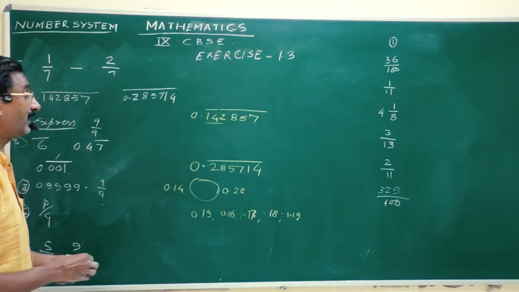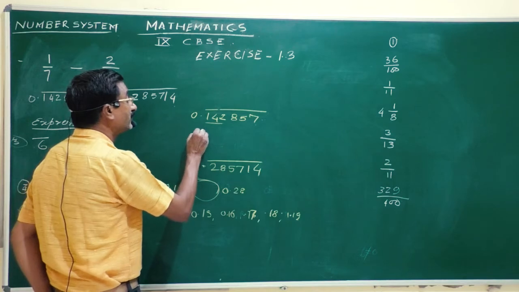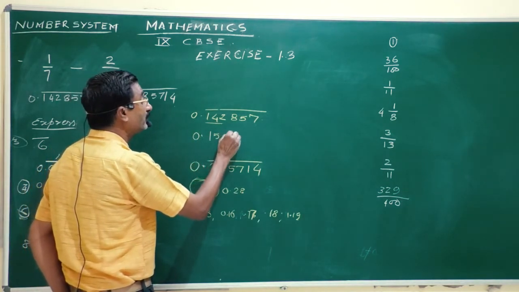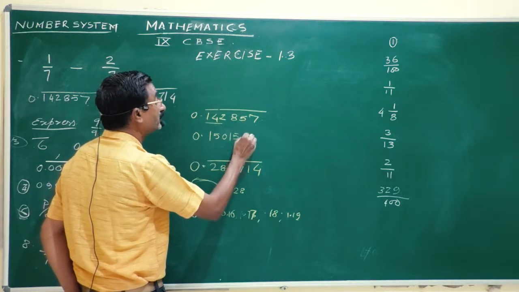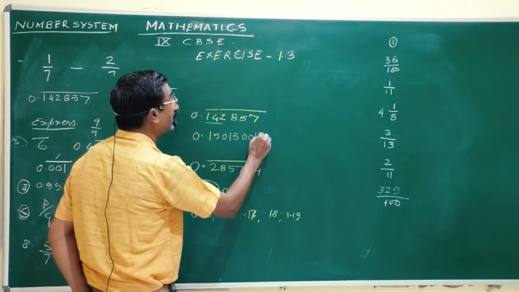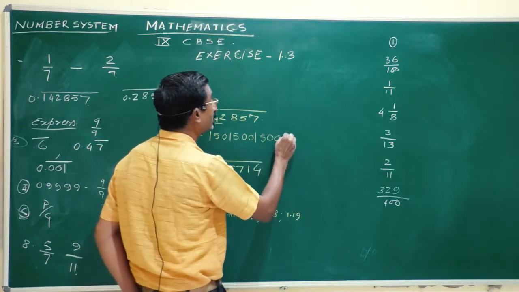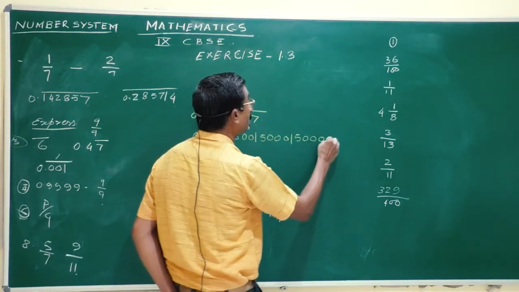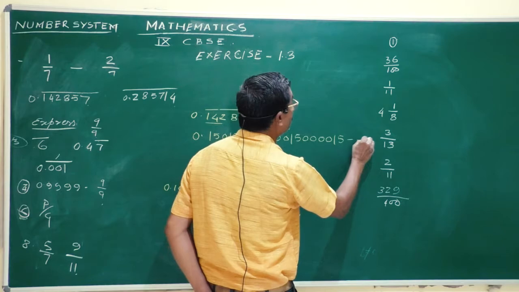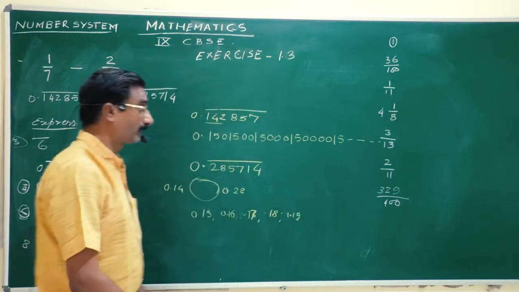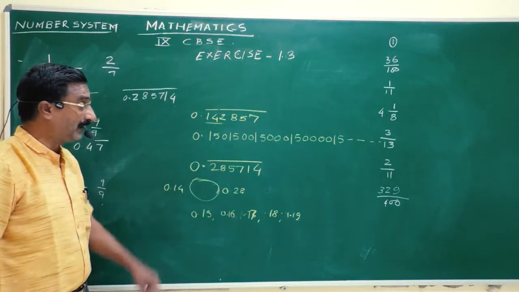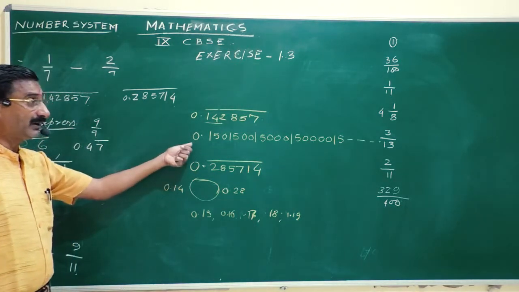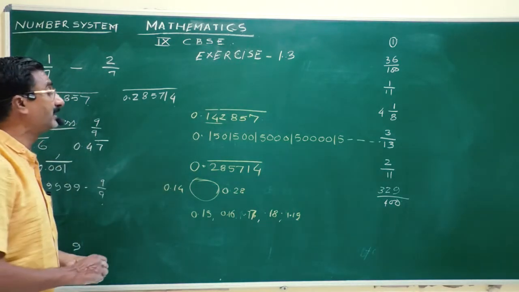So I can write 0.15, 0.015, 0.00015 and so on. Clear? Here we have to write down only one number, but you can write down so many numbers.